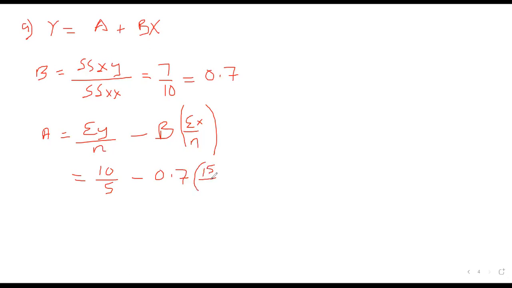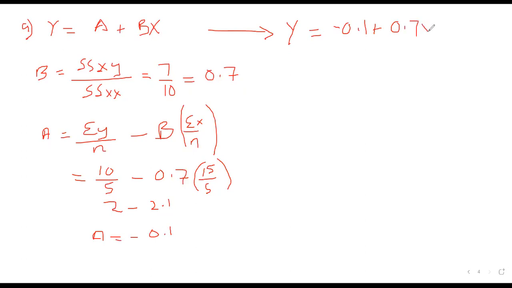Here we have 15 over 5. This is 2 minus 2.1. So our a is negative what? 0.1. So meaning we just substitute where there is a, we put negative 0.1. And b is 0.7. So look at that, digest it.